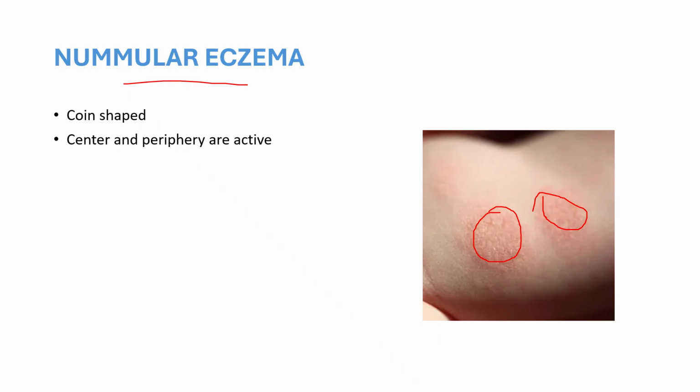In the dermatophyte, the activity is only in the periphery and the center is clear. But here you can see the center and periphery are both active everywhere. It's uniformly reddish. That is called coin shaped, and the center and periphery are both active.